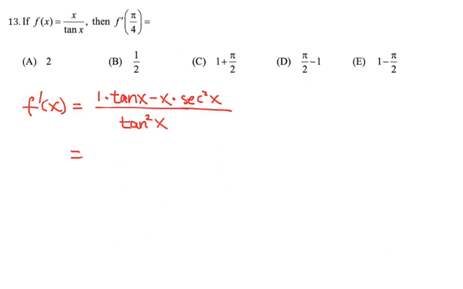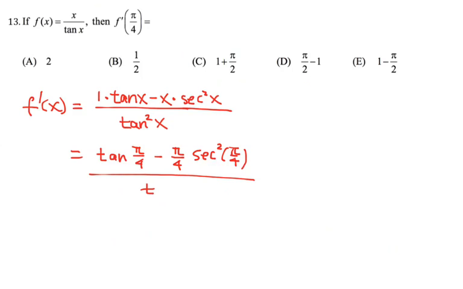Now, by plugging in pi over 4 in both locations, so tangent of pi over 4 minus pi over 4 times secant squared of pi over 4, all over tangent squared of pi over 4. Now, let's try to remember what tangent of pi over 4 would have been.